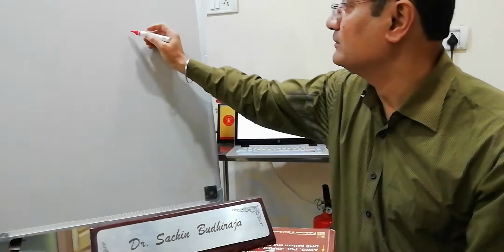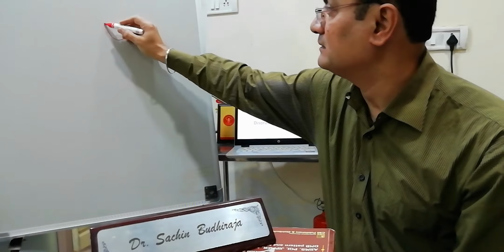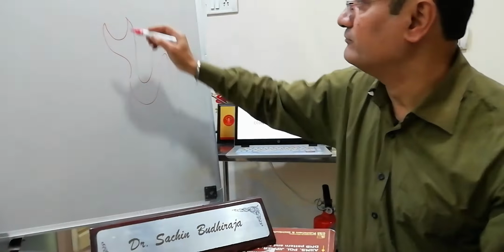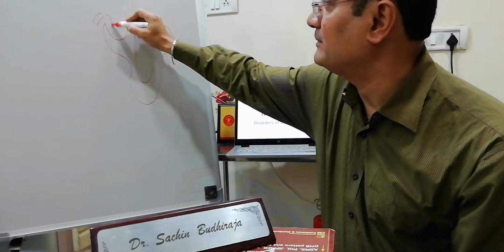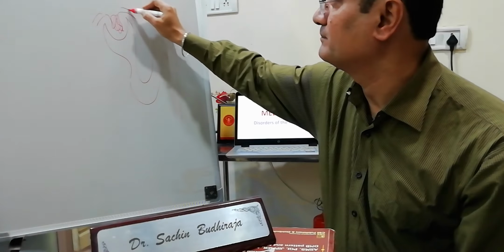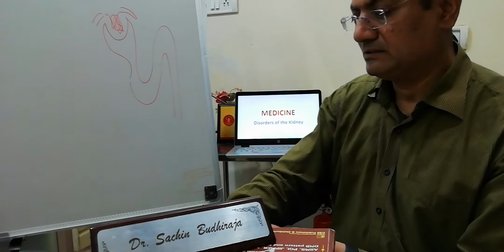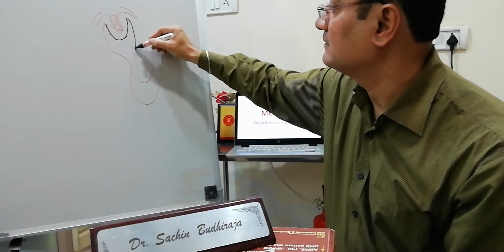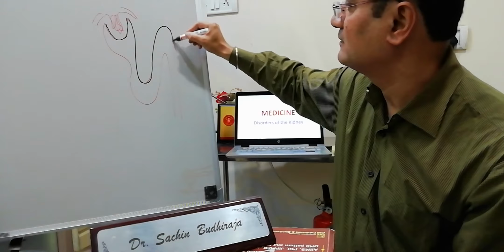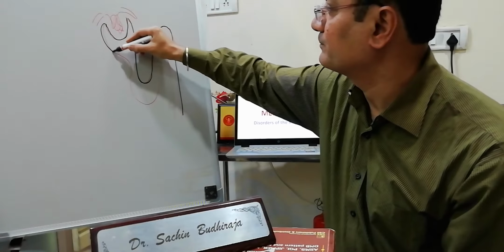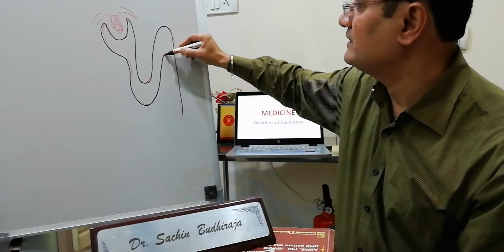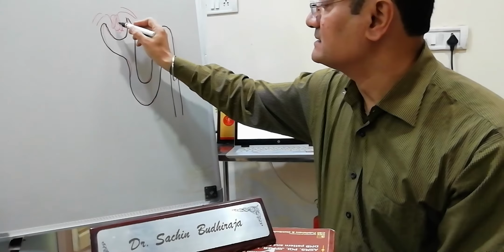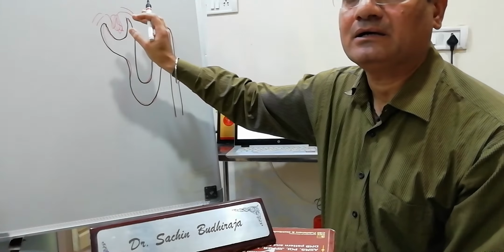So here I am going to draw a very simple picture of the nephron, right? So we have the glomerulus capillaries here, right? And this part of the nephron is called the tubule. Now, just a little observation here I want you to make: the glomerulus is not only the capillary tuft.